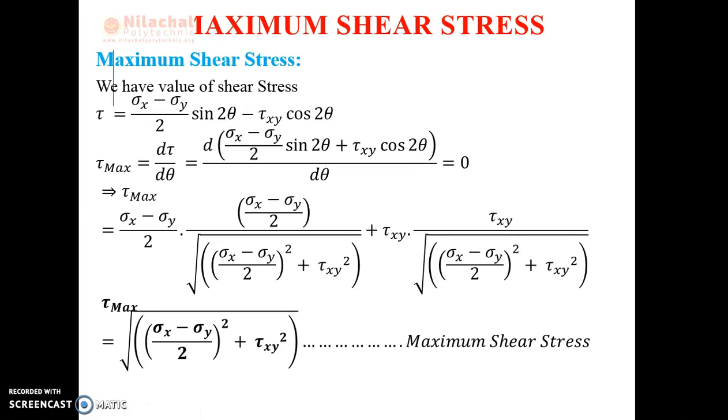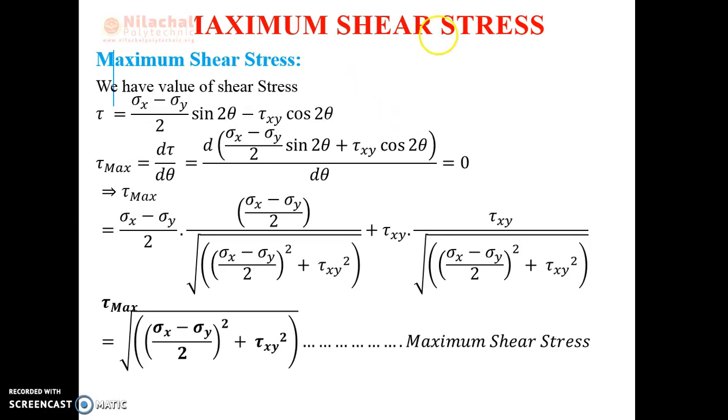So putting the value of sin 2 theta as tau xy by square root of ((sigma x minus sigma y) by 2) whole square plus tau xy square, and cos 2 theta as (sigma x minus sigma y) by 2 by square root of ((sigma x minus sigma y) by 2) whole square plus tau xy square.